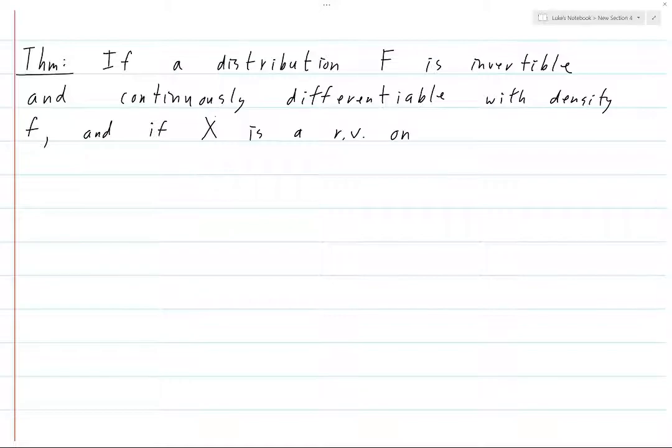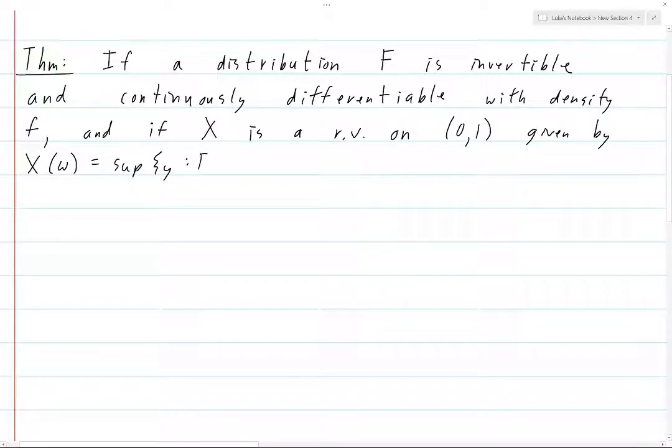Anyways, we define this random variable on (0,1) with the standard measure, and it's given by X of omega, where omega is some number between 0 and 1. This is a supremum over all y such that F of y is strictly less than omega.